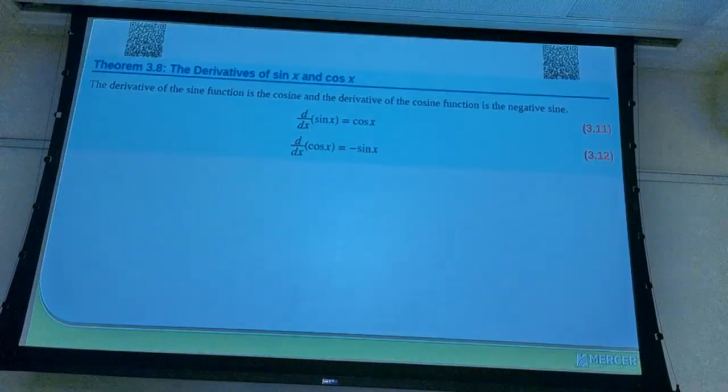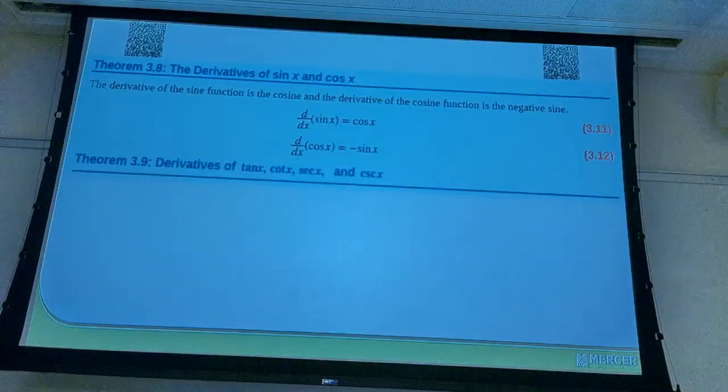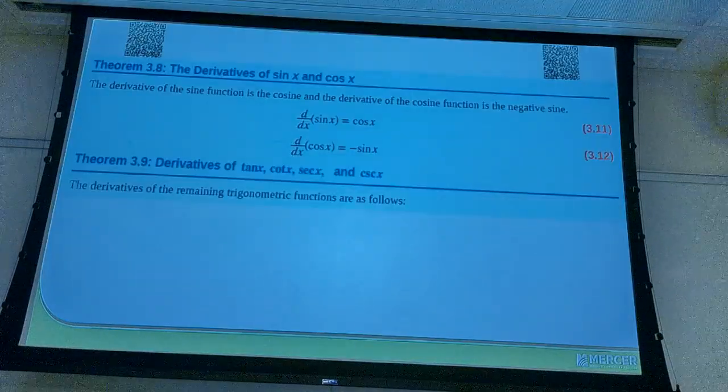Derivative of sine is cosine. Derivative of cosine is negative sine. And then tangent, cotangent, secant, and cosecant. Remember, these other four trig functions can all be written in terms of sine and cosine, so you can just use the rules we've already looked at, specifically the quotient rule, to get those derivatives.